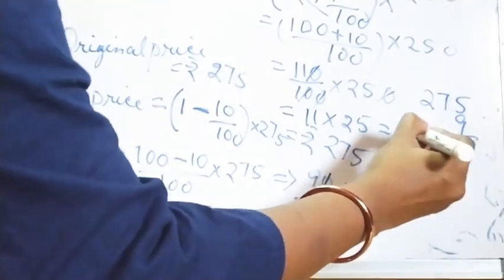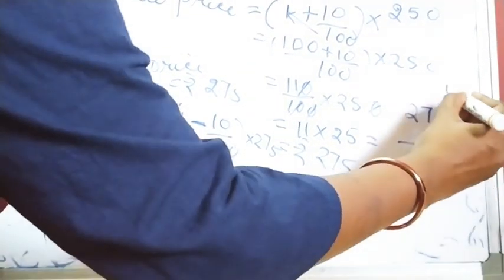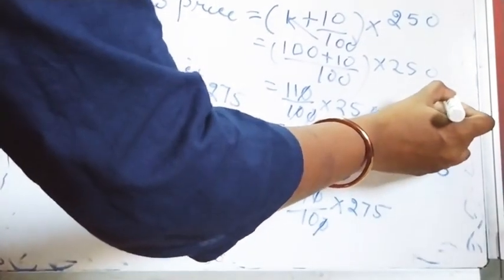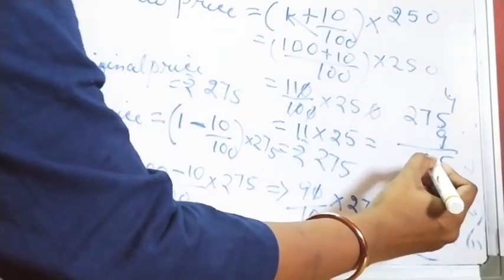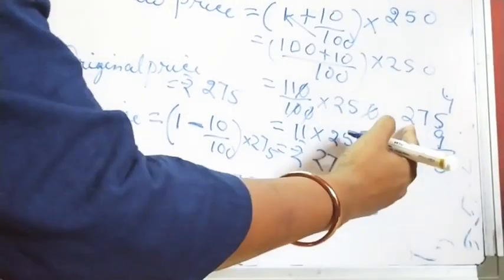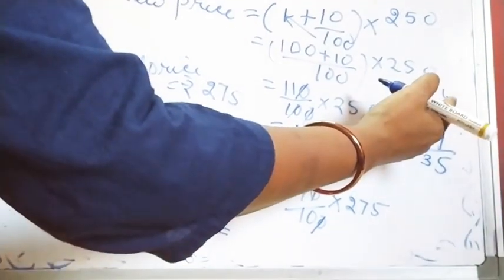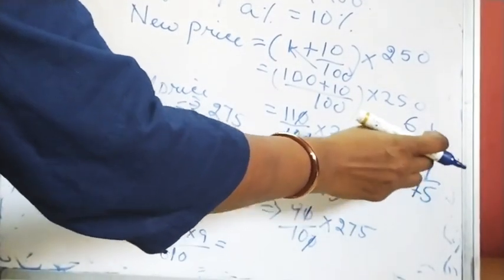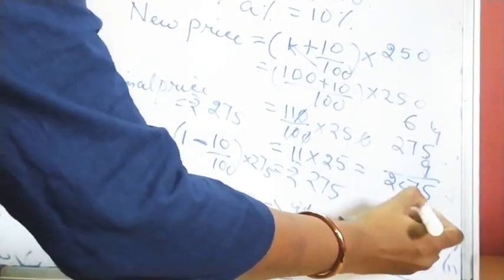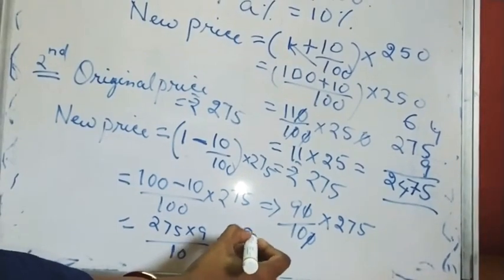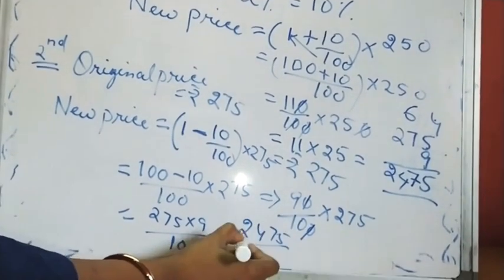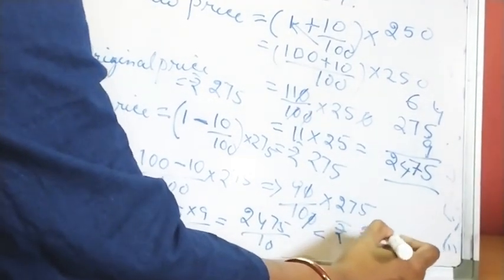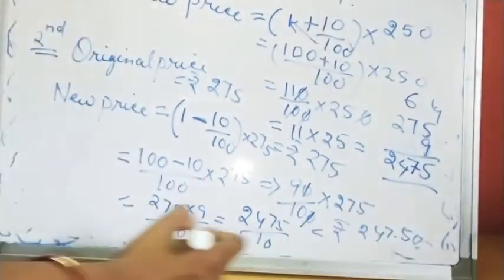275 into 9. 9 fives are 45, carry 4. 7 nines are 63, 63 plus 4 gives 67. 2 nines are 18, 18 plus 6 gives 24. So we get 2475 upon 10, which is rupees 247 and 50 paisa.